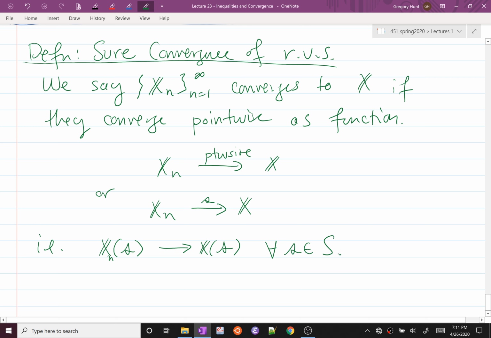That's just our definition of pointwise convergence of functions. But remember that our random variables are also functions from the sample space to the real line. So either way you can think about it, that's what sure convergence is.